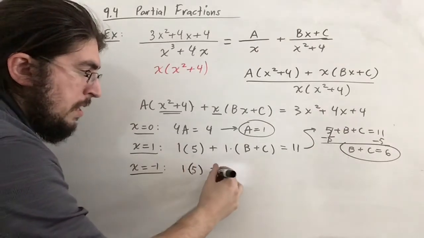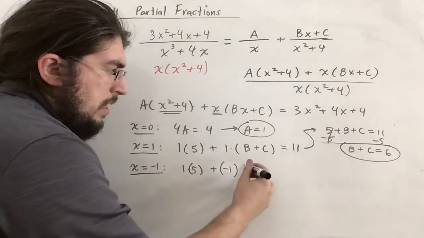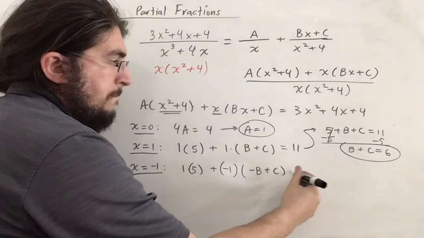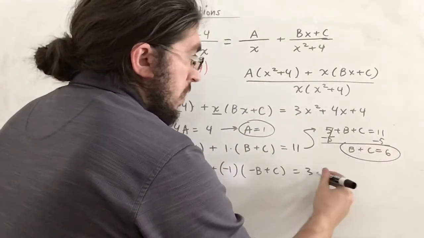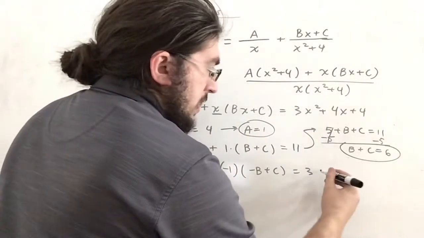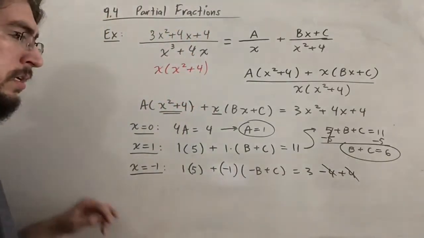That's okay. Plus, now this is going to be negative 1 times negative b plus c equals negative 1 squared is positive 1 times 3 is 3. And then 4 times negative 1 is negative 4, so I'll write minus 4. And then plus 4, notice these cancel out.